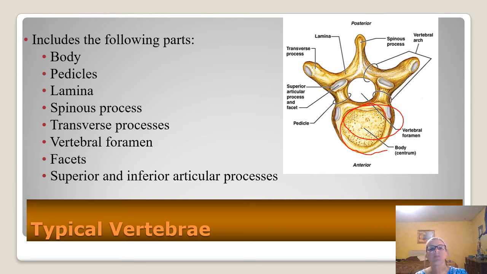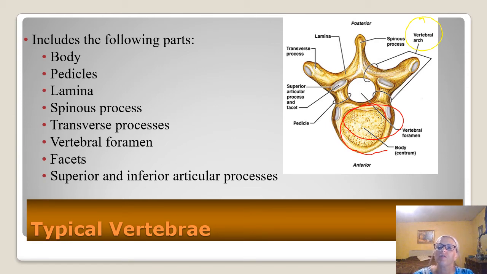Okay, so let's go over the parts of a typical vertebra. We have the vertebral arch. You can see that here illustrated, the vertebral arch. I'm pointing, so here's the vertebral arch. This is made of what we call the pedicles, laminae, and spinous processes.